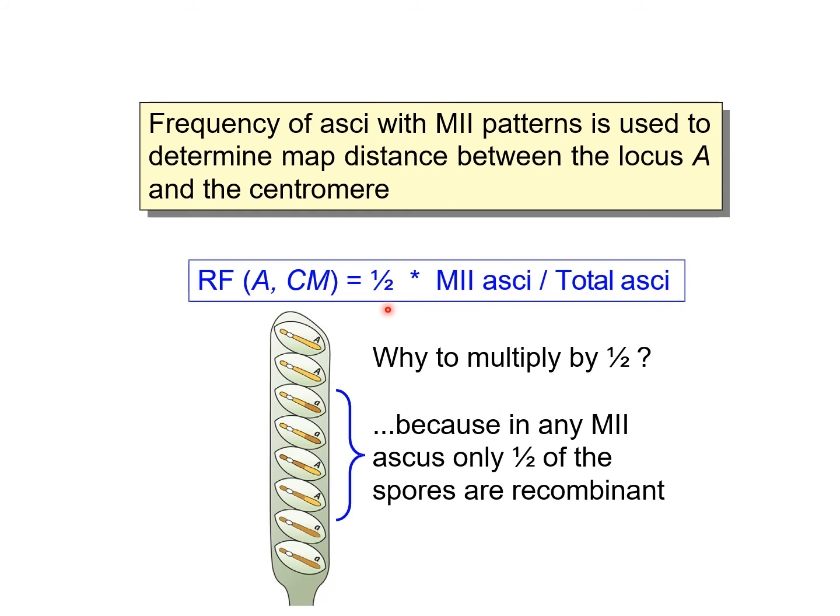That will give you the total number of recombinants. So half into M2 ascus sac divided by the total ascus sac will give you the recombination frequency between a locus and the centromere.